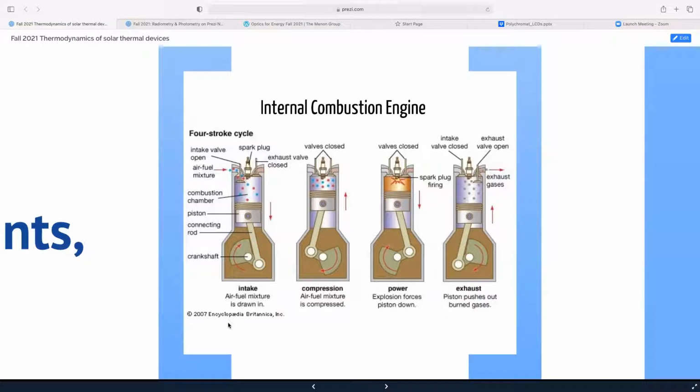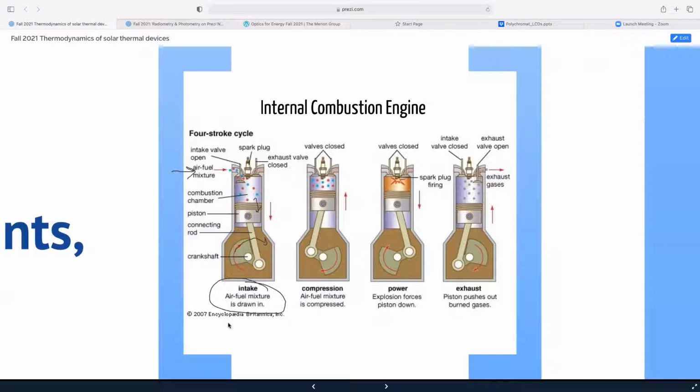There are 4 steps here, a 4-stroke cycle in this example. In the first step, you're pulling the air-fuel mixture into the chamber. This is the intake part of it. So the piston is going this way, pulling the air-fuel mixture in.